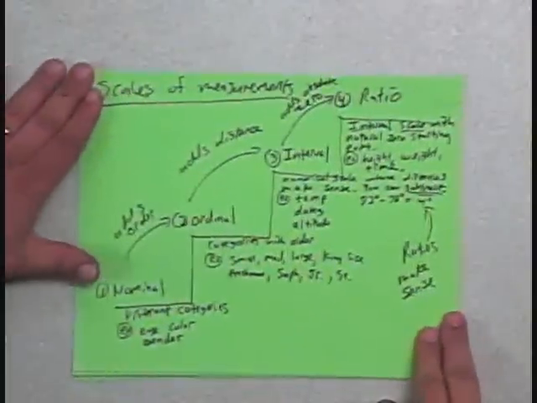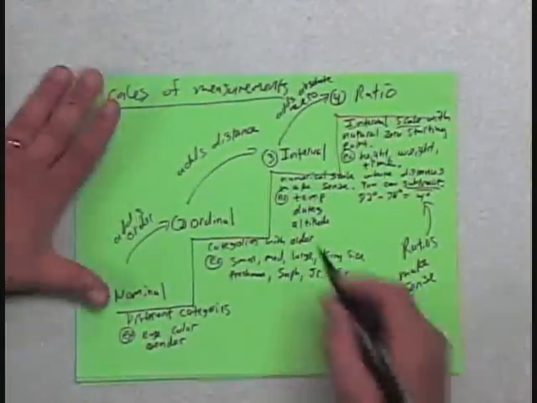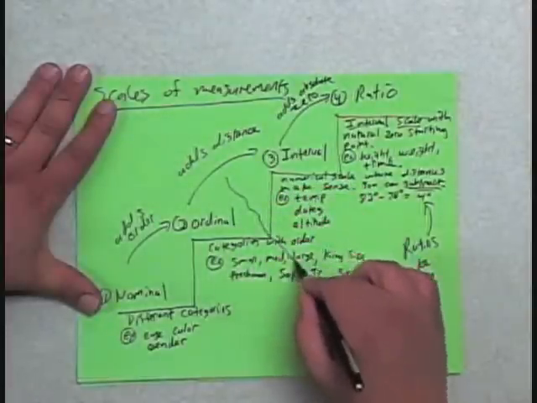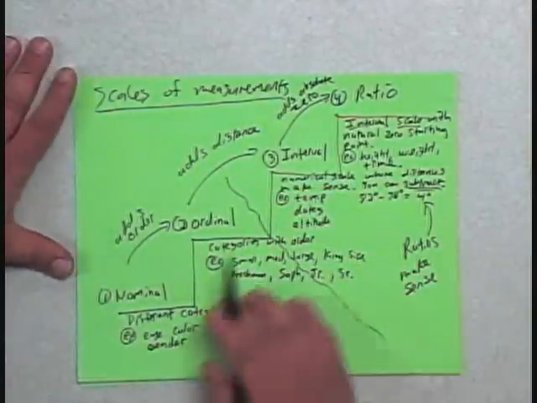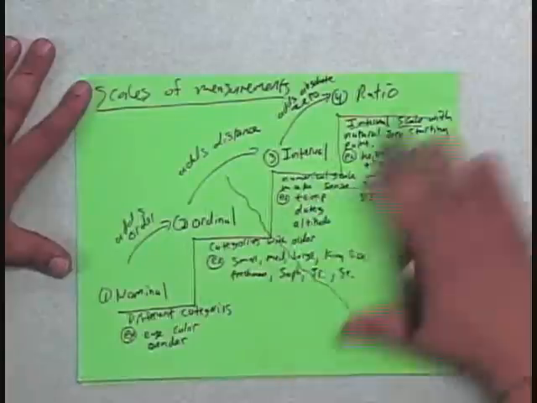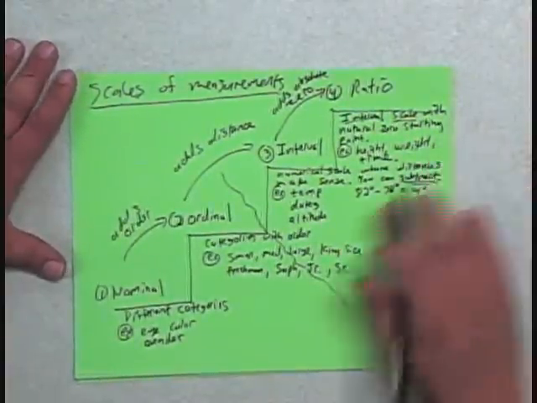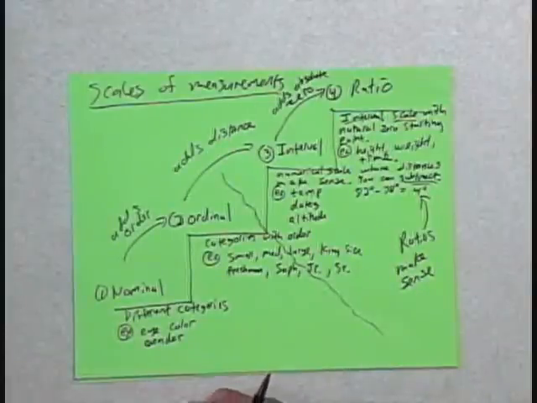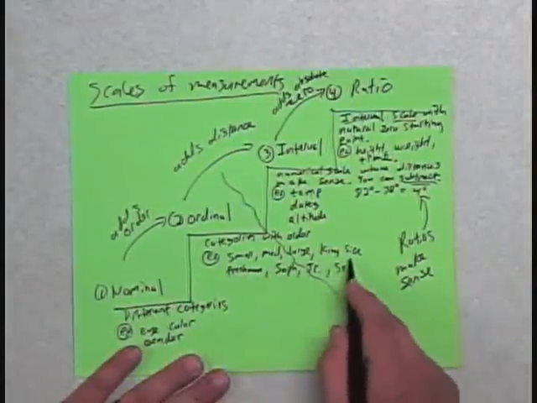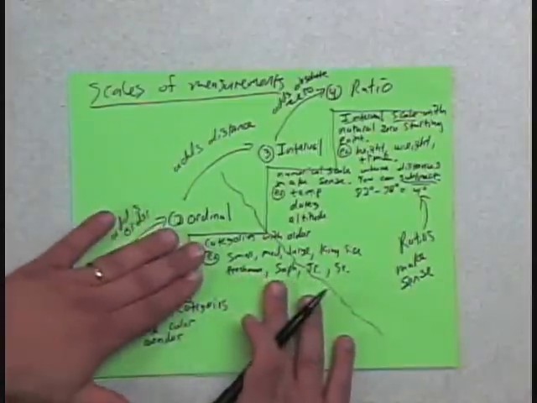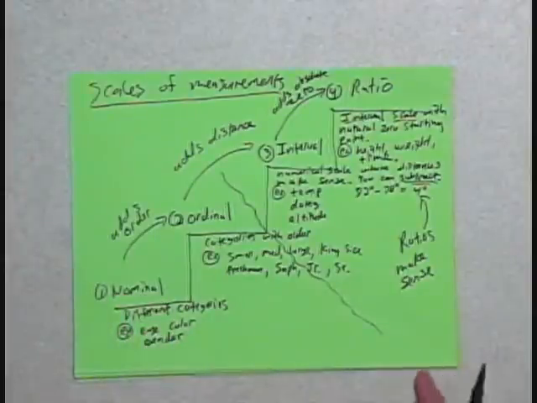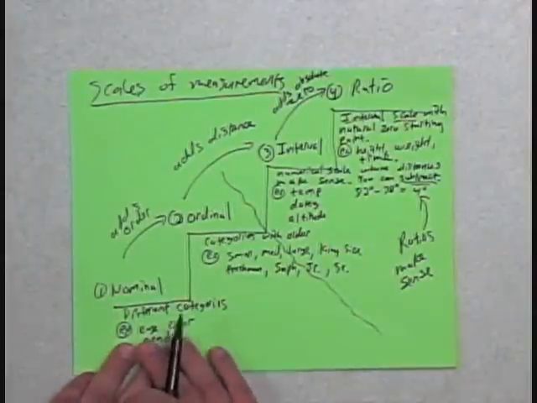So these are the 4 scales of measurement. And what I found is it's kind of nice to divide this into 2 halves. You have nominal and ordinal on one side, interval and ratio on the other. Nominal and ordinal are your qualitative variables, different categories like eye color, gender, small, medium, large. Ordinal is the qualitative variable where the categories have an order to them, while for nominal the categories don't have an order.